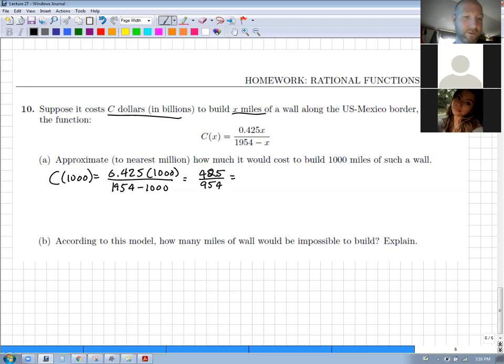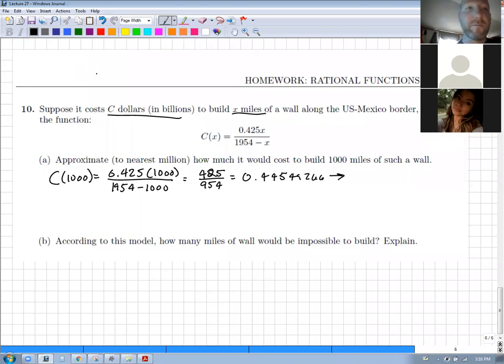So 425 divided by 954 equals 0.445492266.